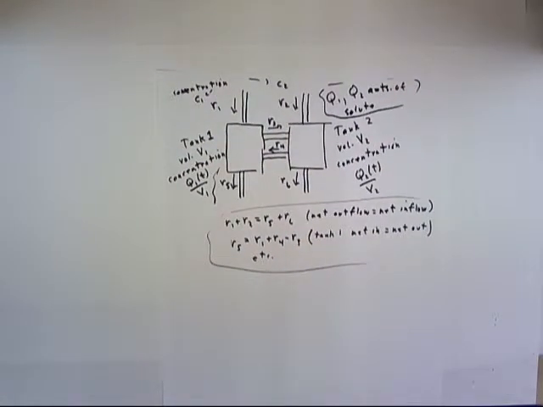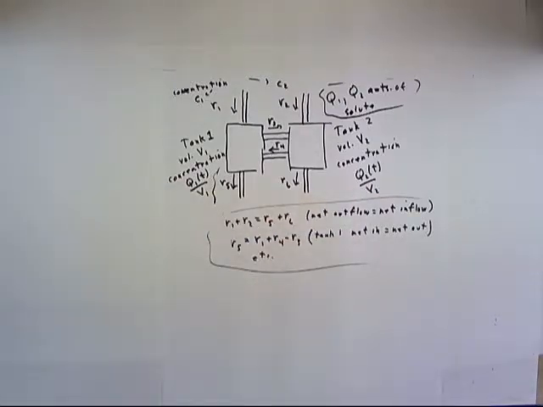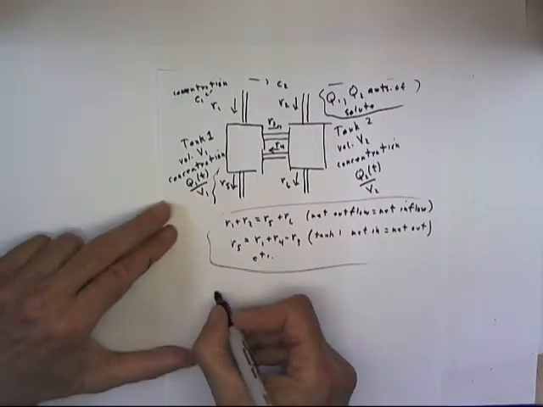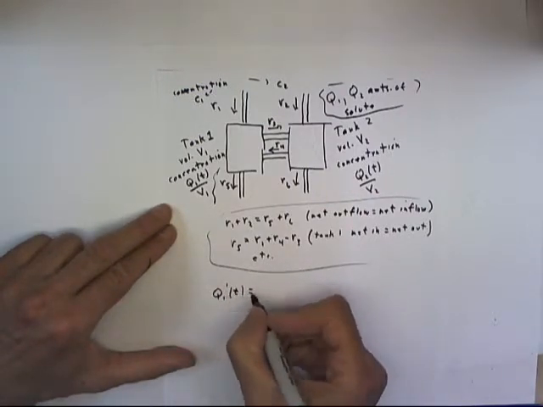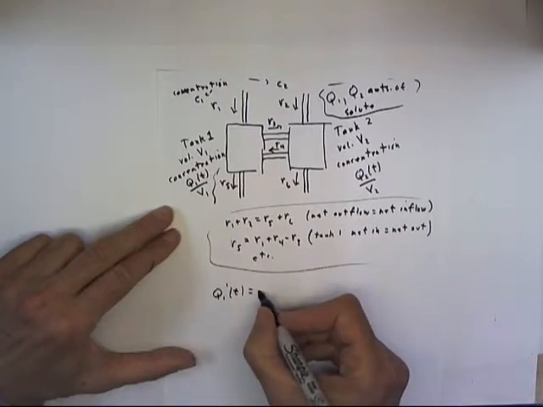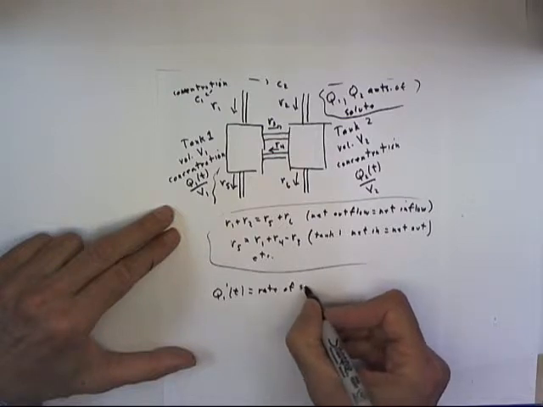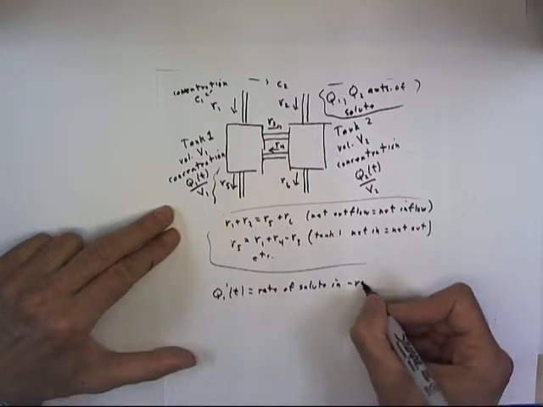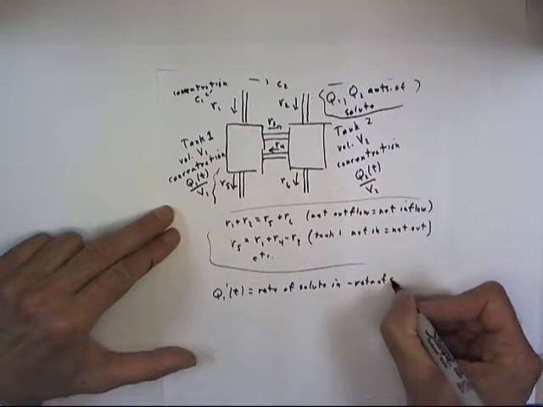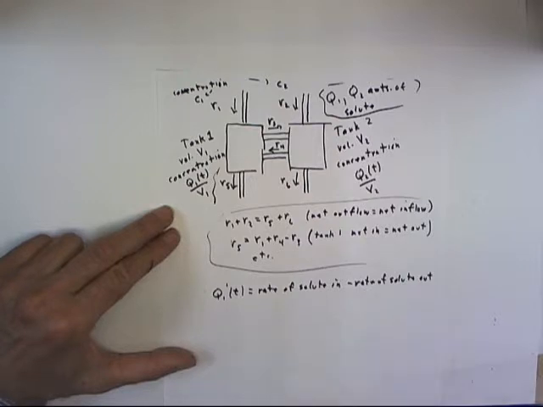So the question now is, what's our differential equation, or what are our differential equations for Q1 and Q2? Well, on the first level, Q1 prime of T equals rate of solute in minus rate of solute out.